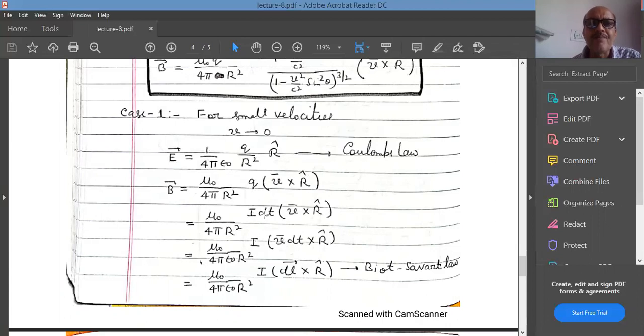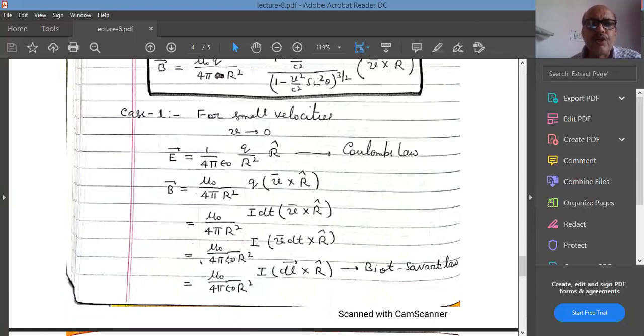Same thing I have done here. And then this V into dt corresponds to an element dl, because the distance traversed with velocity V in time dt will be equal to dl of a current carrying conductor. So I into dl cross r, that is the well-known Biot-Savart's law.